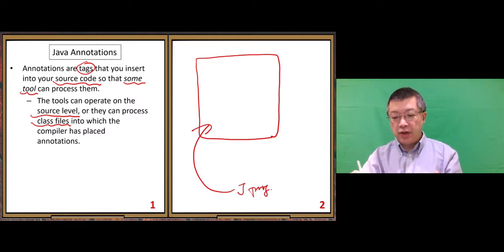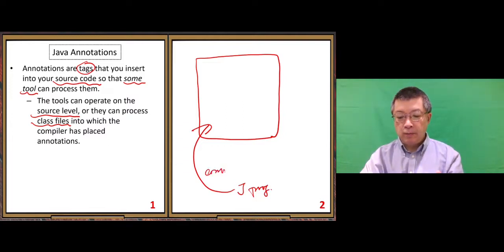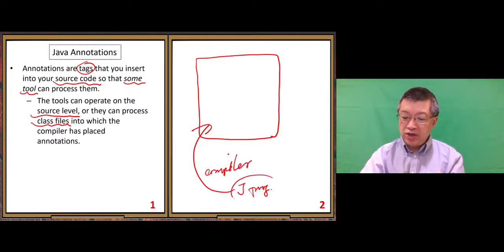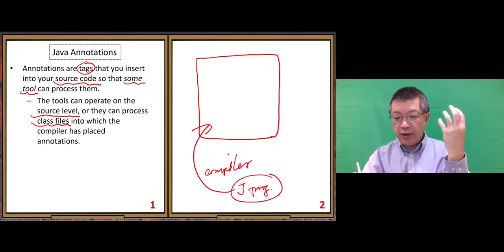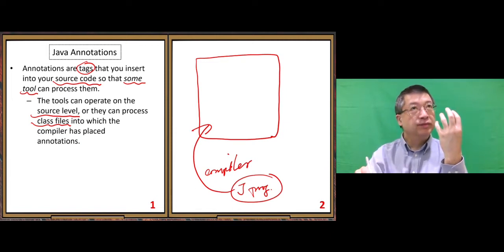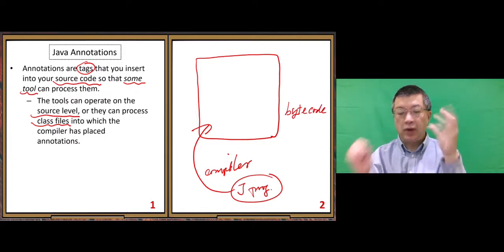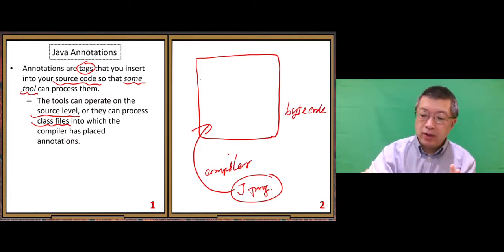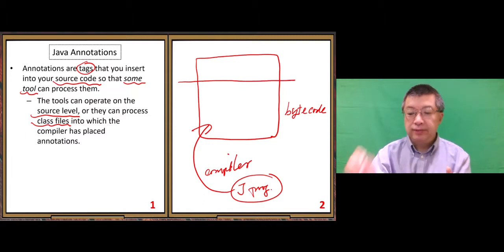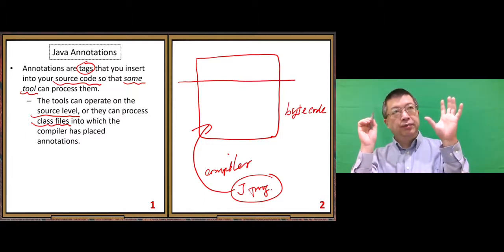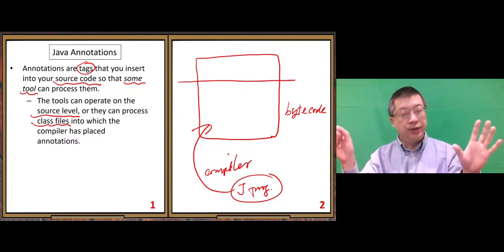So the compiler compiles your program to bytecode. Remember, in Java, it's called bytecode. In the bytecode, the compiler divides it into two parts, part 1 and part 2.